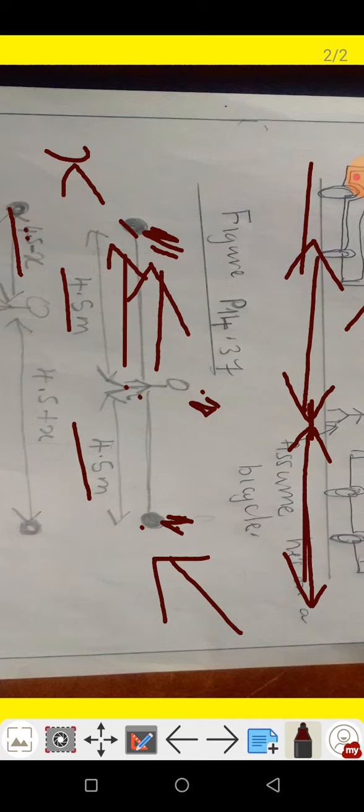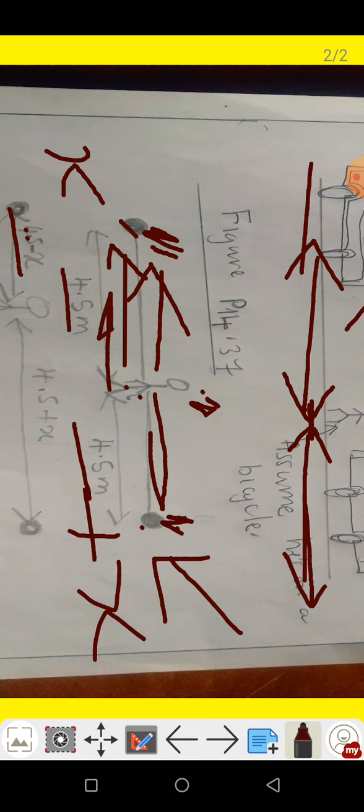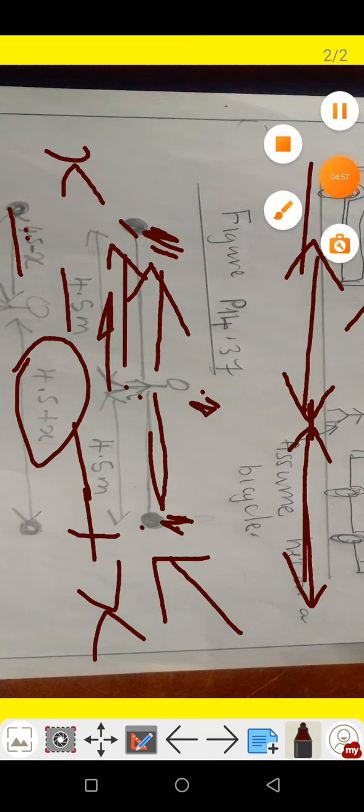Since she has moved to the left, the distance on the other side will be increased by the same unknown distance, so we'll say plus x. So 4.5 plus x is the distance there.